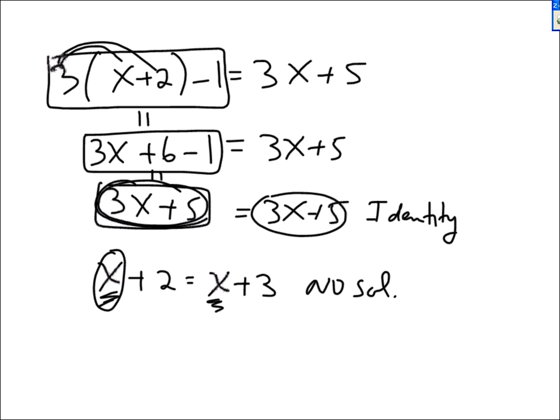If you start off with the same number x, and on the left side you add 2, you're now right here. Or you add 3, well, now you're right there. These two numbers are not equal. They differ by 1. That has no solution.